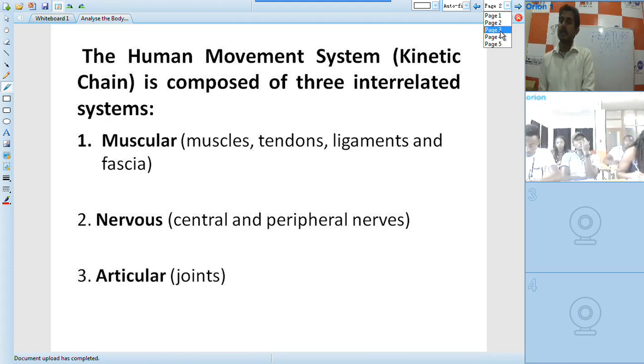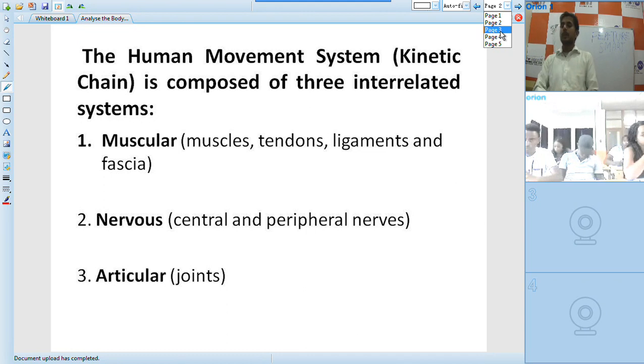The human brain receives the signals and accordingly the body acts to perform.